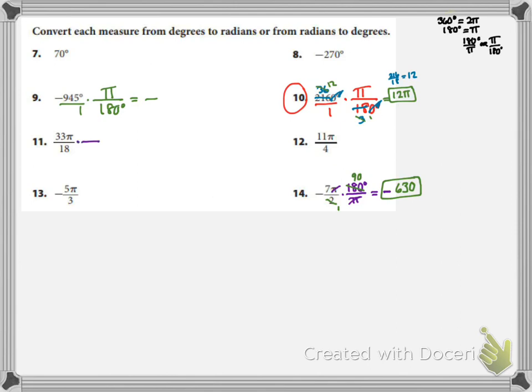So I'm going to put my pi on the bottom and my 180 degrees up on top so the pi's can cancel and I get something in degrees. On number 9, the degrees are going to cancel. I'm going to get something with a pi in it. I don't know what. Okay. Those shouldn't be too bad.